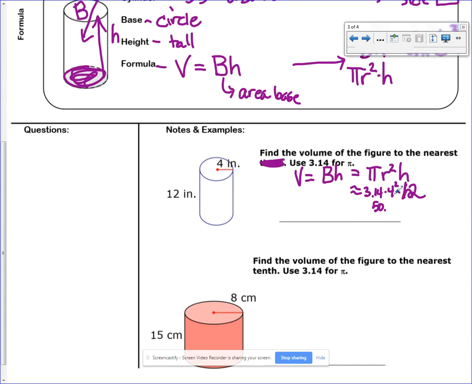Yep, 50.24. That's the area of the circle. Okay, and then zoop, fill it up. That's times 12. Your final answer is 602.88. The label will be cubic inches, or you can say inches to the third power.